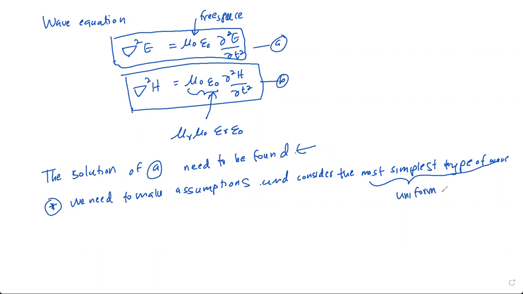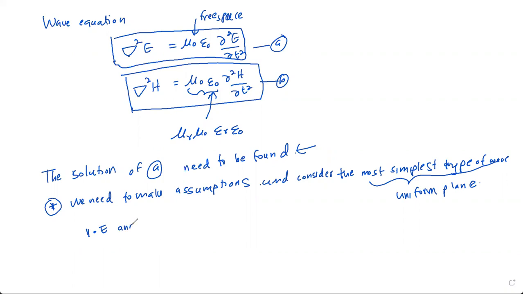In a uniform plane wave, we have components of electric and magnetic fields on the XY plane, but not along the Z axis.